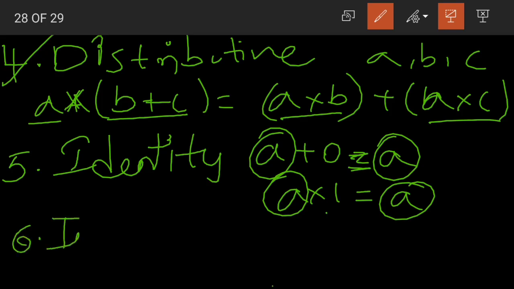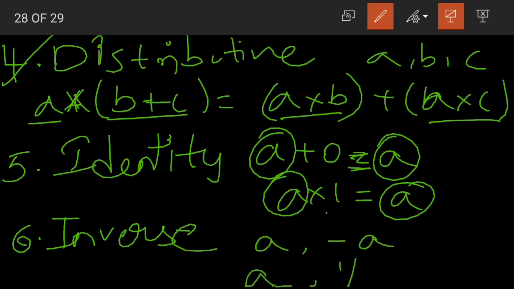The last one was inverse property. In inverse property, we had two. One was multiplicative inverse and the other was additive inverse. For a given integer a, minus a becomes the additive inverse, and for a given integer a, 1 by a becomes the multiplicative inverse.